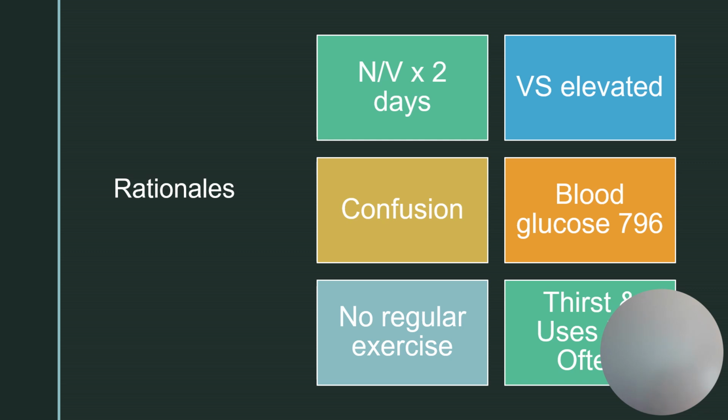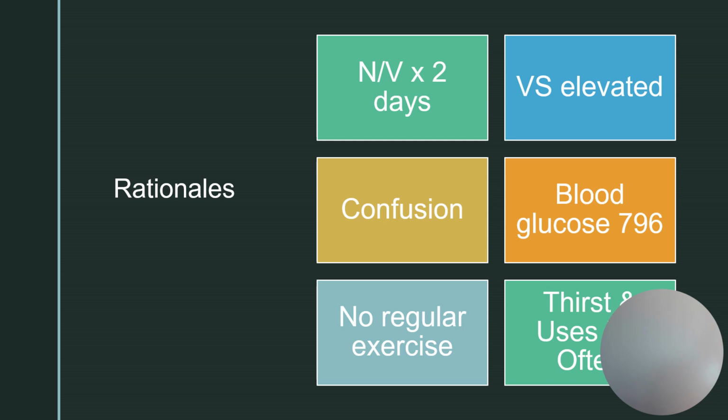No regular form of exercise means he probably has a sedentary lifestyle. He's not burning off glucose by requiring fuel for muscle use. And being very thirsty and using the bathroom frequently, again, this is a symptom of diabetes mellitus.